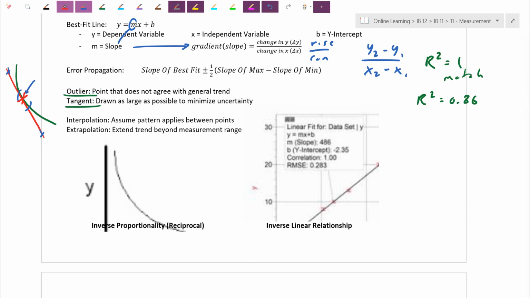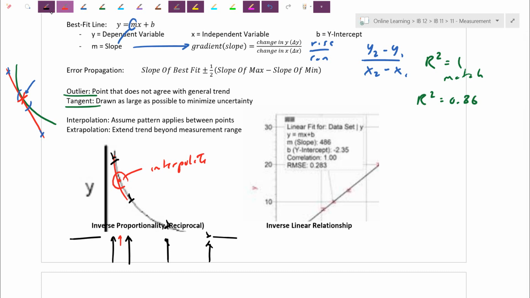We deal with interpolation and extrapolation. Interpolation means I've taken down a bunch of data. Your graphs will look a little better than mine. I may have only taken readings at a few different x values, but if I want the reading in between, provided the pattern follows what I just found, I can interpolate to find all the values that I haven't measured.